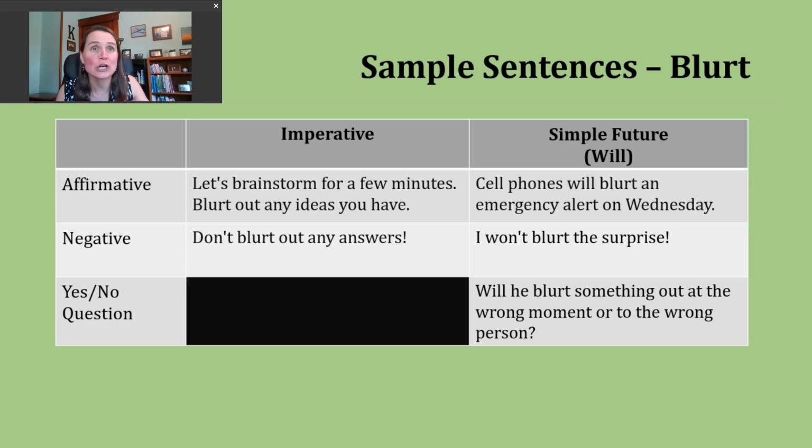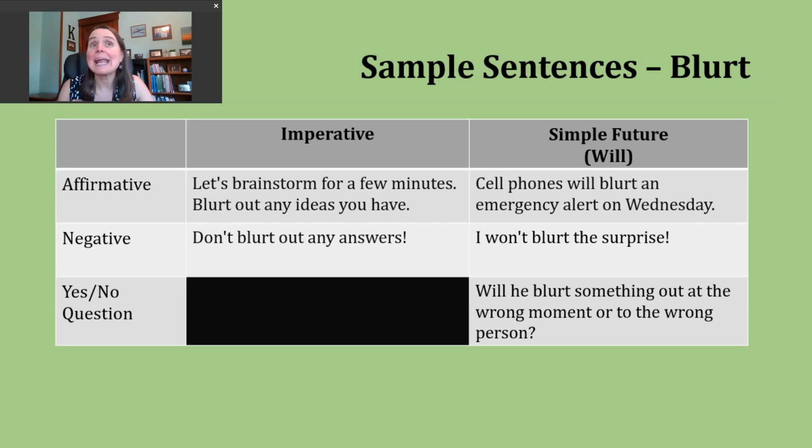They are encouraging people to say things without a lot of thought. That can be really important during brainstorming. Not that we're judging ideas or trying to refine them or make them perfect, but that just we're trying to generate. And so it might be okay to say something impulsively.